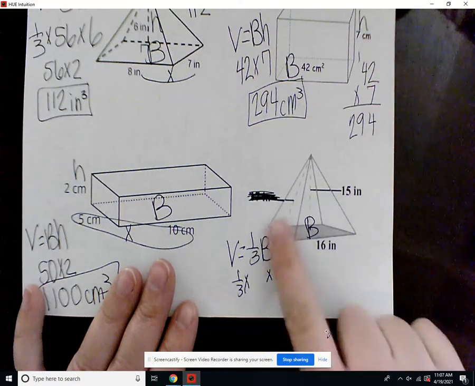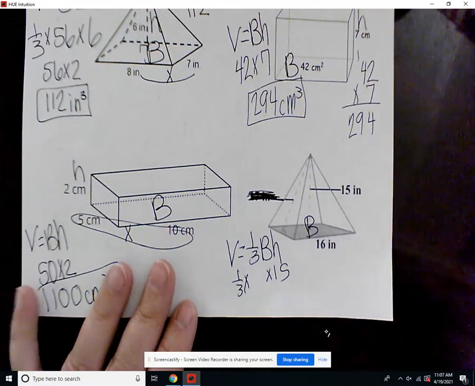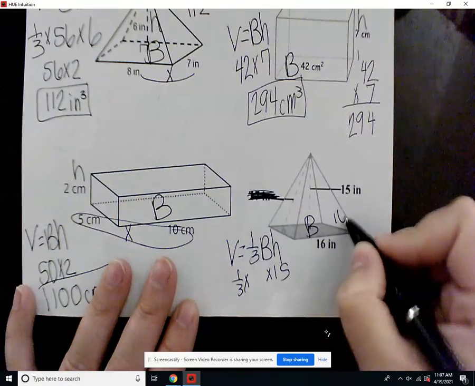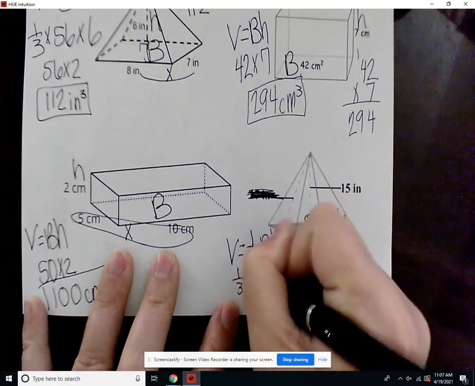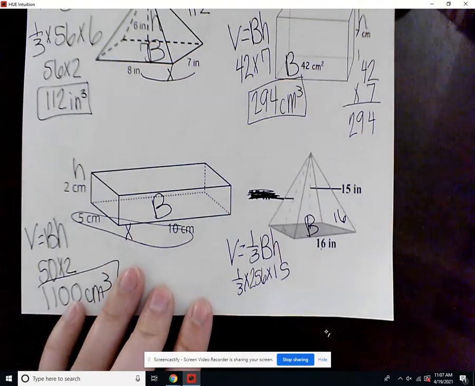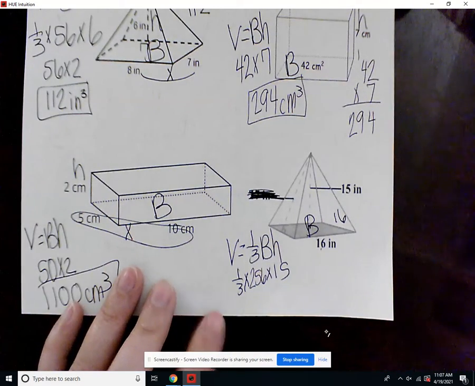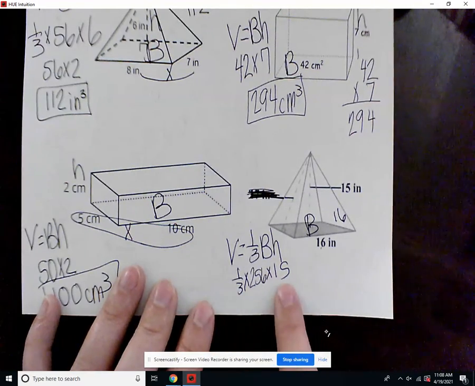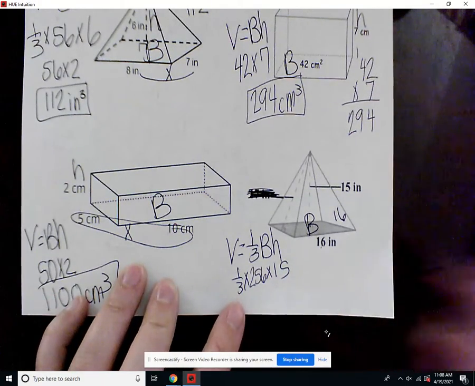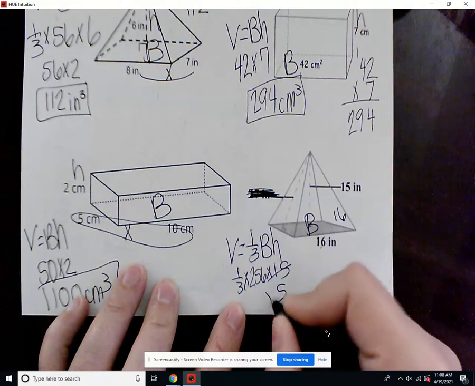Okay, so for our base, they give you one number, so that means it's a square. And so 16 times 16 is 256. Okay, so again, you can multiply 256 times 15, but 3 can go into 15 evenly, which is going to be 5.